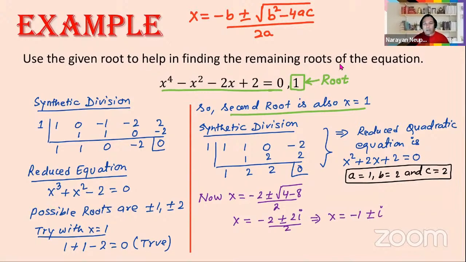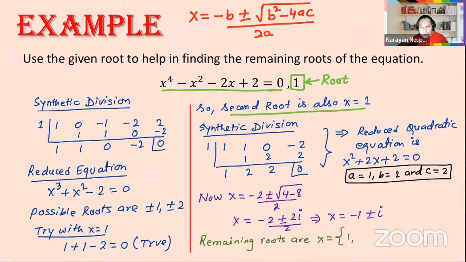Here we are asked to find the remaining roots. So now finally we can write our remaining roots here. Remaining roots are: the first root was given. Here we found the second root. The second root is x equal to 1.